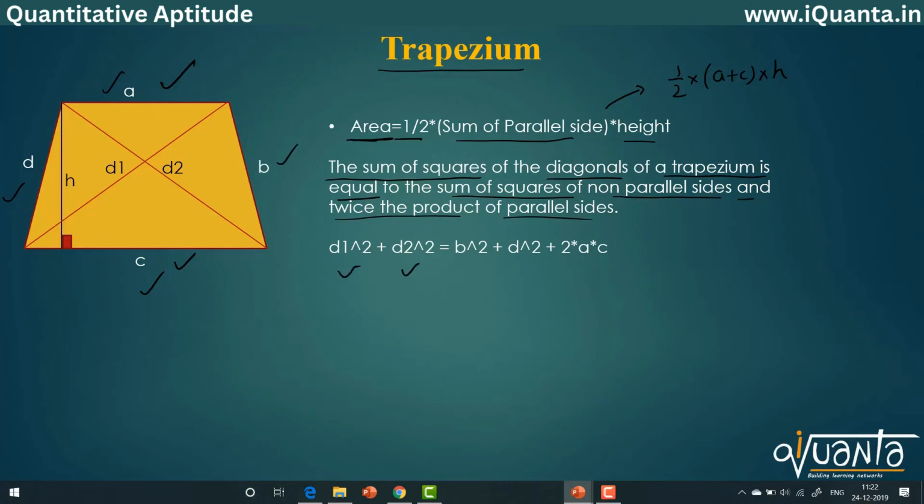If we square them and find out their sum, that will be equal to the sum of squares of non-parallel sides, that means b square plus d square, and the sum of 2 times the product of parallel sides. So 2ac. This is a very important rule. You must remember this. Now let us move on to solid figures.